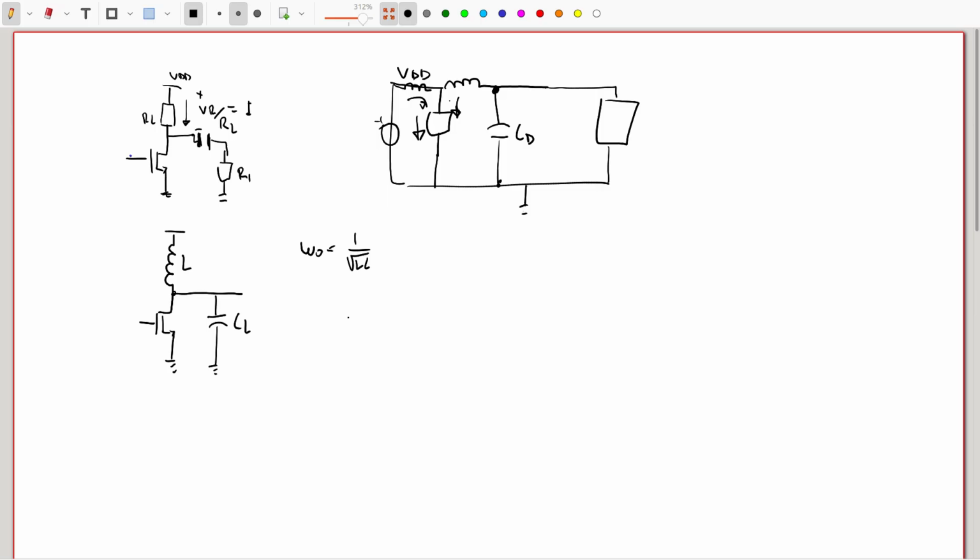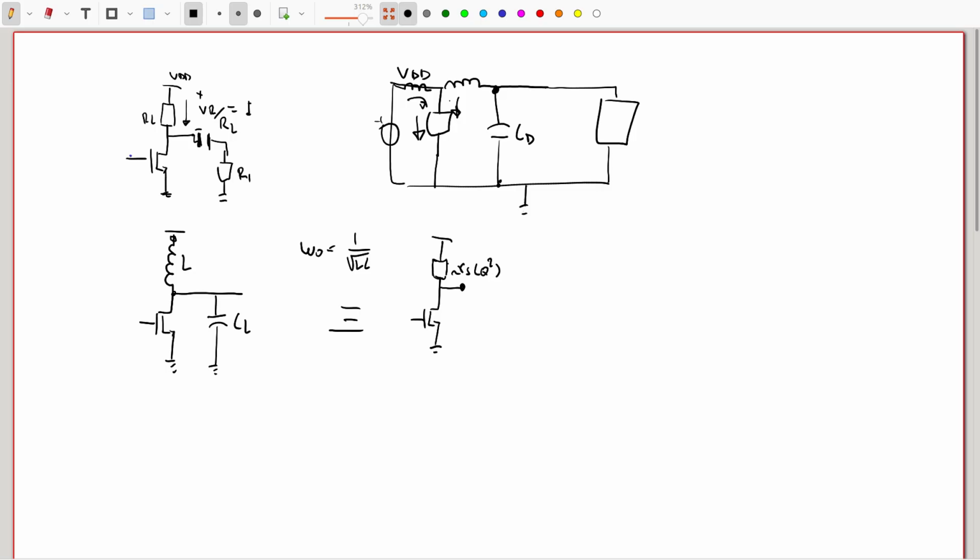at this frequency this circuit behaves like a common source amplifier with a resistance, and this resistance depends on the quality factor. So it will be the series resistance of this inductor. This inductor always has some series resistance multiplied by around 1 plus the square of the quality factor of the inductor.